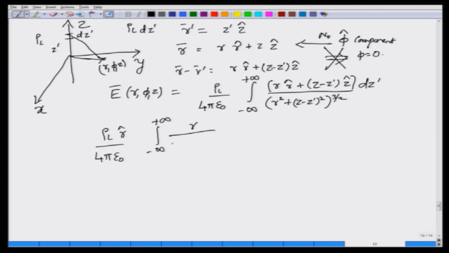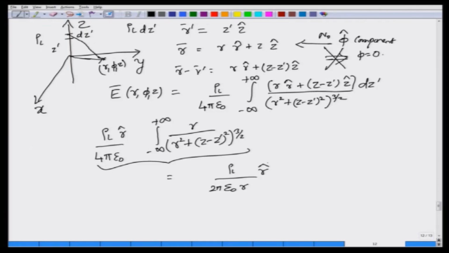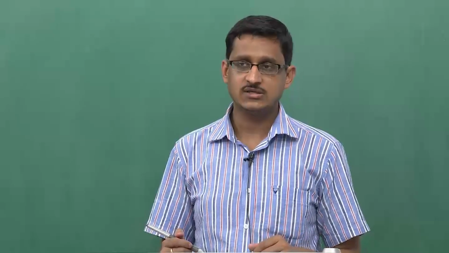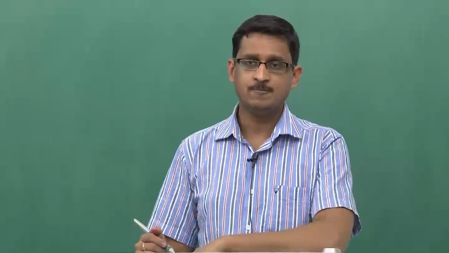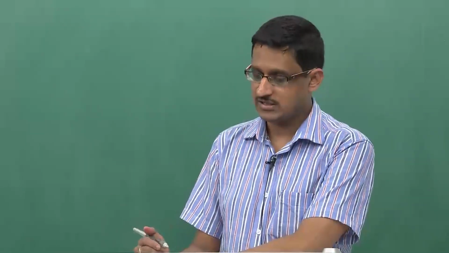So, when it comes out of the integral, you can use the same ideas that we developed in the last class to solve for this integral, and you can basically show that this entire integral will turn out to be rho L by 2 pi epsilon 0 r in the r direction. Okay. So, the fields are in the radial direction, radially outward if it is a positive line charge, radially inward if it is a negative line charge density.